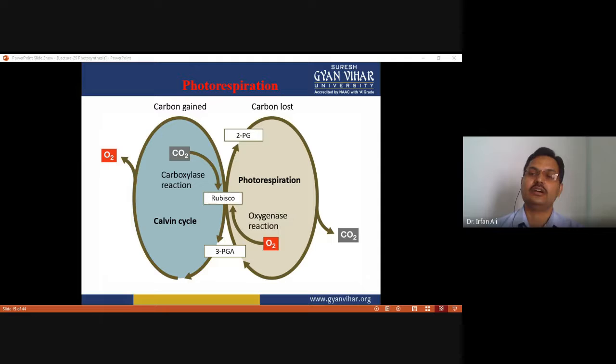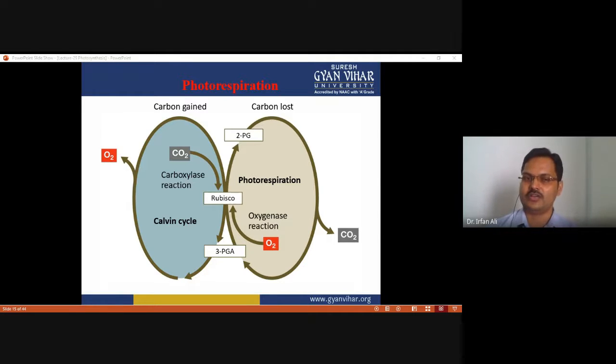So at the same time, this enzyme also reacts with oxygen and produces 2-phosphoglycolate. You have to see that 2-phosphoglycolate is produced, which ultimately breaks down into CO2. At one end there is carbon fixation taking place, and at the other end there is carbon loss taking place. So this is a totally wasteful process.